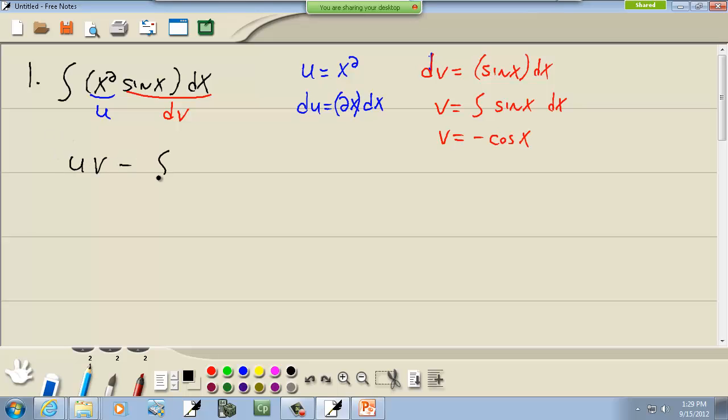uv minus the integral of v du. So u was x squared. v was negative cosine x. Minus the integral of v, which is negative cosine x, du, which is 2x dx.